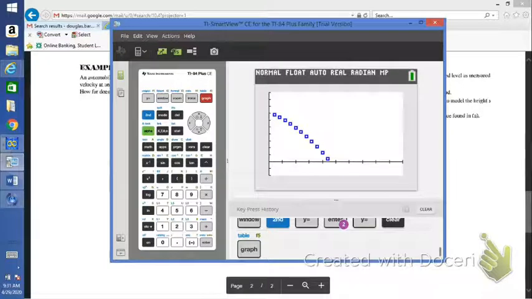Alright. And so you can see here that this looks like a quadratic model that we're going to be using. So we want to find the quadratic regression.